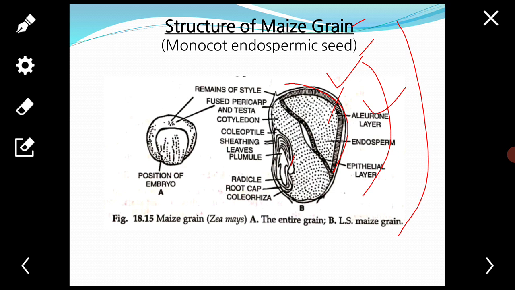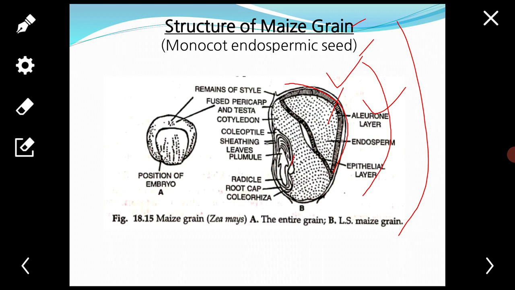The embryo consists of an upper shield shaped scutellum, which is actually a reduced cotyledon.